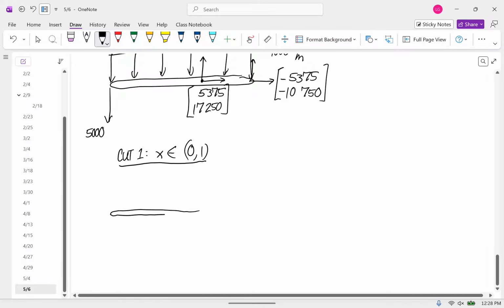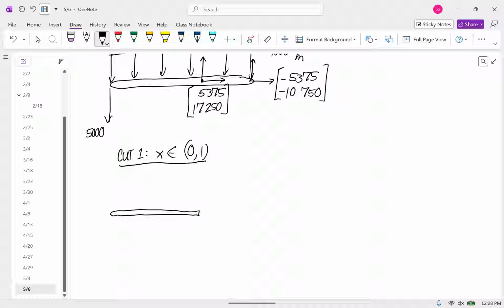And I'll first draw it with the distributed load. So we have 5,000. We have this distributed load. And we have our internal loads.